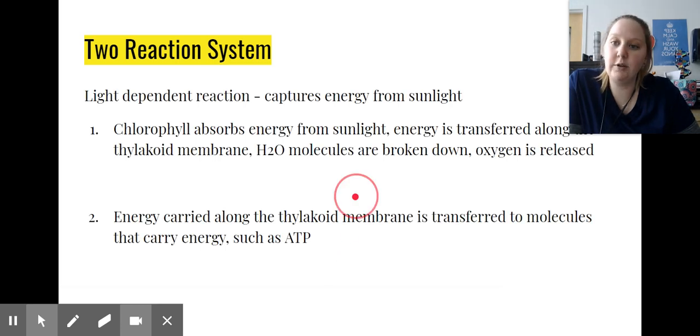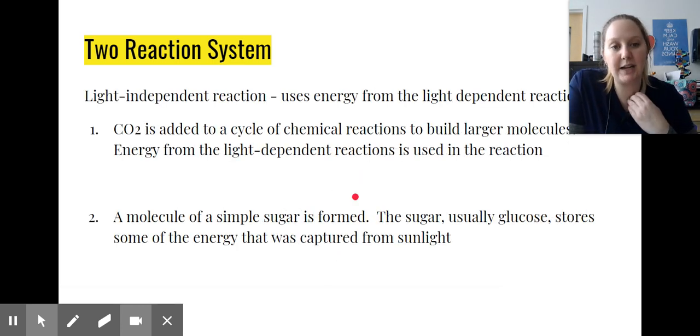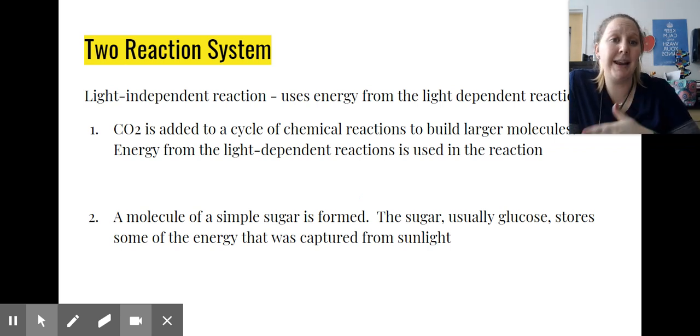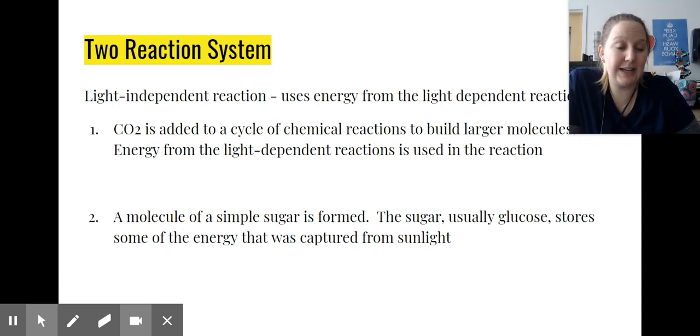The second part of the reaction is the light-independent reaction. This can be happening at the same time as the light-dependent reaction, or it could happen after the fact. This uses energy created in the light-dependent reaction to generate our organic molecules. Carbon dioxide is added to a cycle of chemical reactions that build larger molecules.